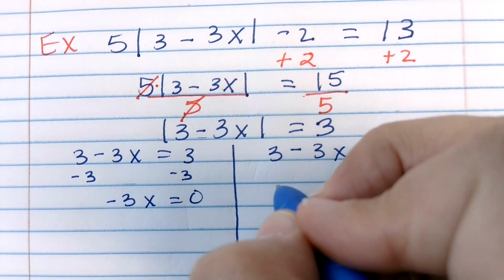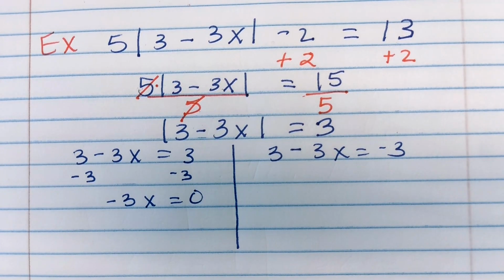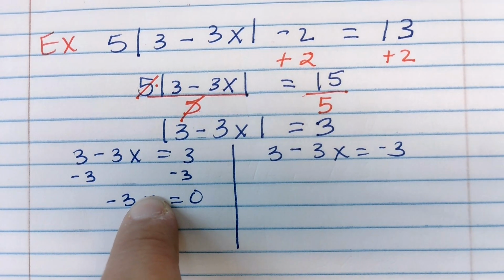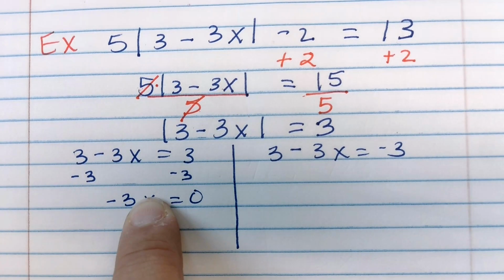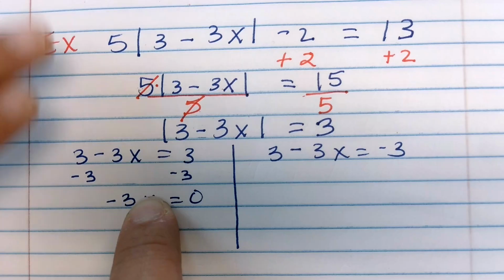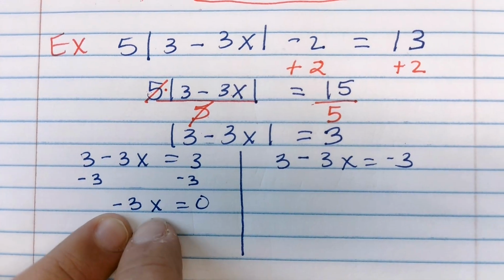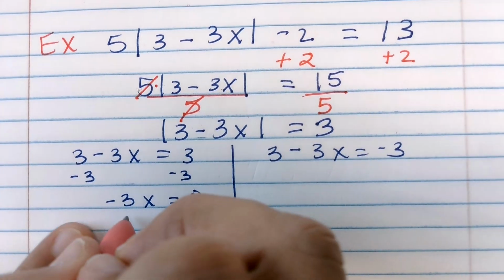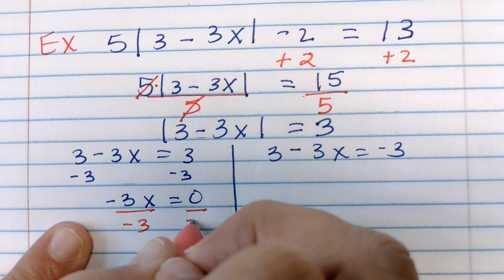That's fine. The only time that you would have to stress out about this happening is if we lost all of our x's. If I have something like one number equals another number and it's not true, this side alone would be no solution. So that's if I lose all my x's. But I have an x here still, so I can still divide out this negative 3.